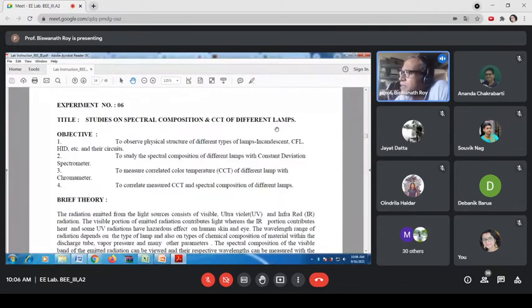But visible radiation is a part of optical radiation, that is a physical quantity. Light is something different from visible radiation, right? When visible radiation is weighted by the spectral response of our eye, then what we call light is obtained.